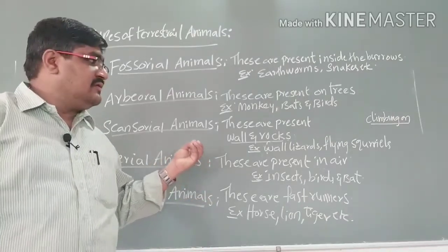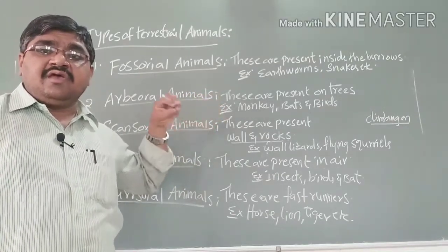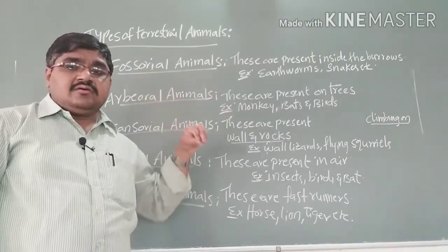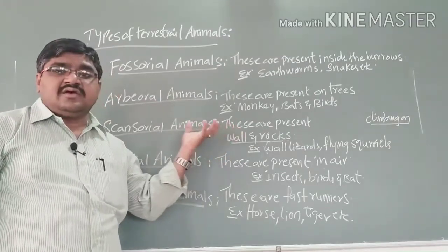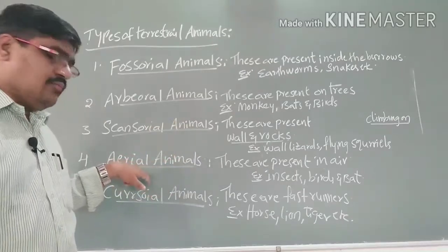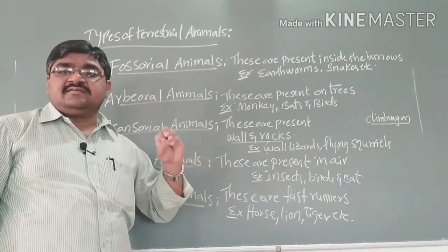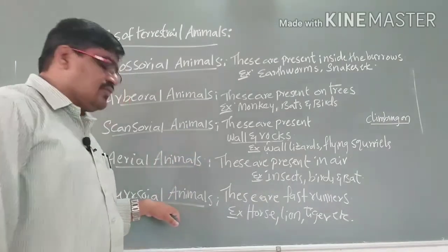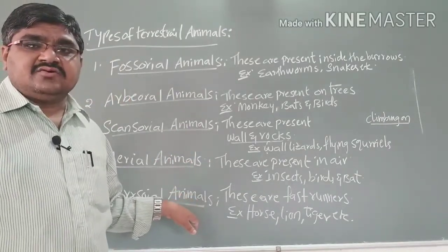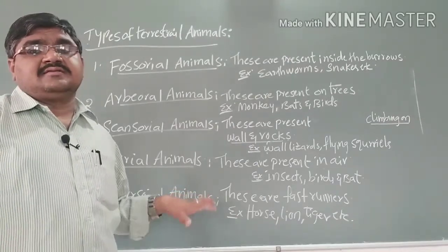If they are present on trees, arboreal. If they climb walls and rocks, scansorial. If they are present in air, aerial. If they are fast runners, cursorial. So these are the 5 types of terrestrial animals.